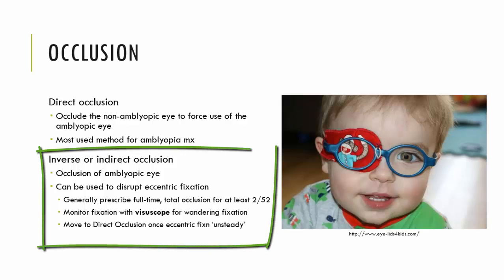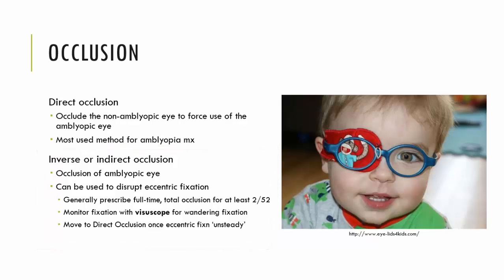Inverse occlusion is when you actually occlude the amblyopic eye, and the only time that you would consider doing this is when you have eccentric fixation. And even then, it's a second-line treatment. You always try direct occlusion first, and if that fails, then you might consider inverse occlusion.